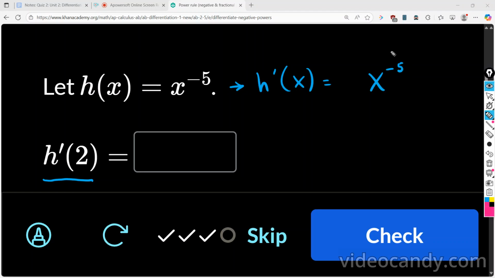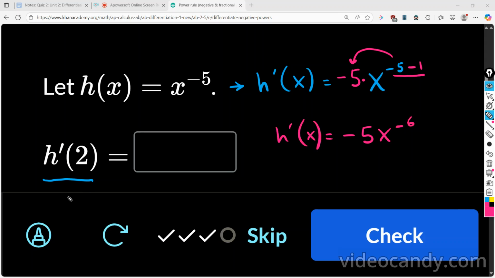What we're going to do is take that negative 5, move it out front, and subtract 1 from the exponent. So that's going to be negative 5x, and of course, negative 5 minus 1 is negative 6. That's our slope function, h prime of x.